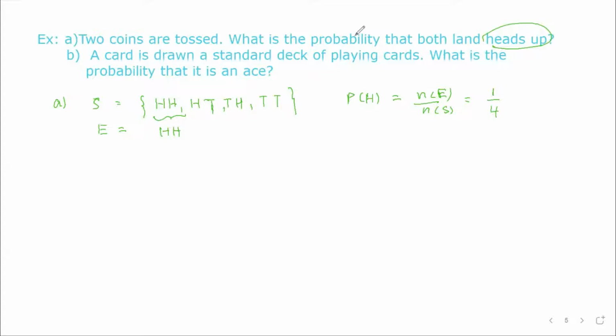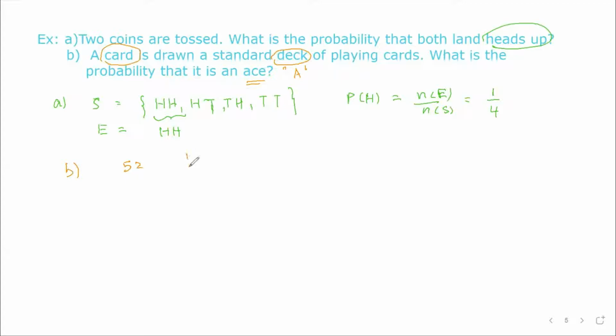Then you see the next one, question B. B talks about cards. Everyone knows cards, right? A standard deck of playing cards. What is the probability that it is an A? The whole deck of cards, how many in total? We have 52, correct? Because everyone still remembers the kinds of cards.